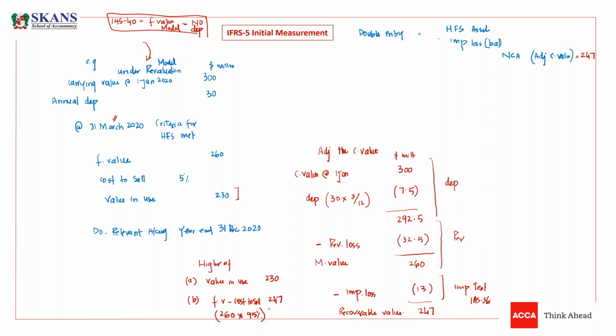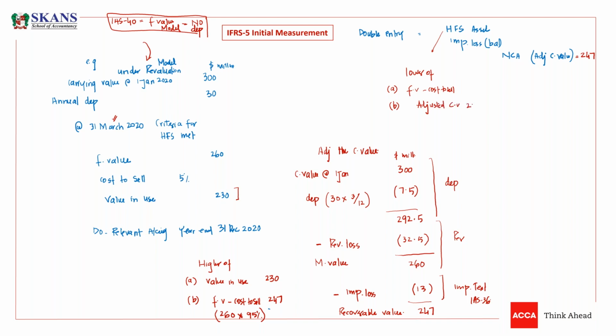Now you need to write assets at the lower of fair value less cost to sell and adjusted carrying value. And interestingly, both values are the same.